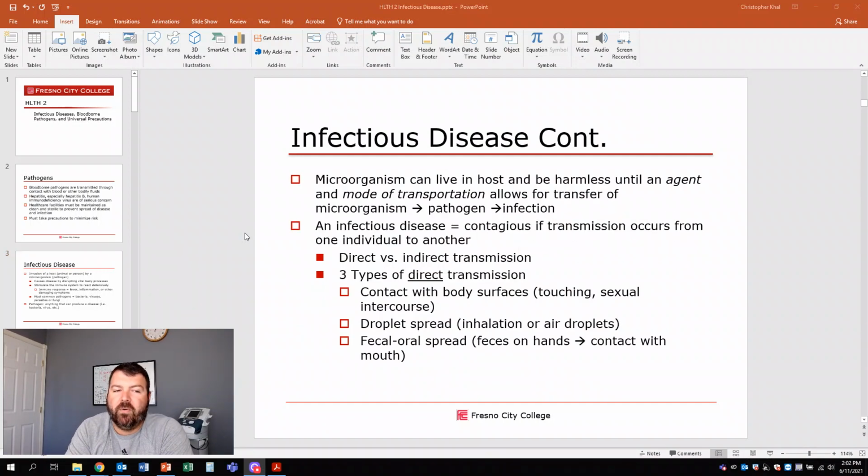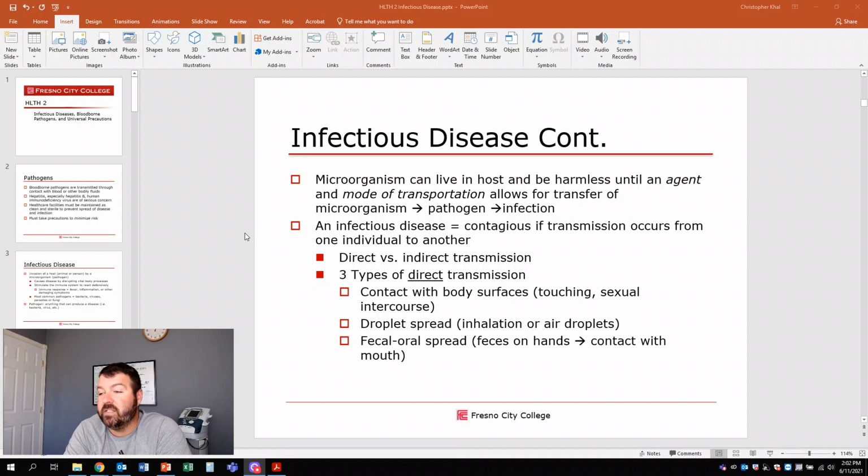So the microorganism can live in a host and be harmless until an agent and mode of transportation allow for transfer of that microorganism to become a pathogen and then an infection. An infectious disease is contagious if transmission occurs from one individual to another.